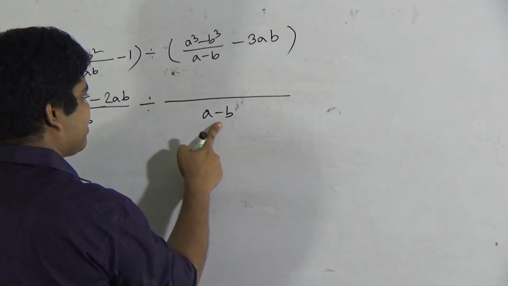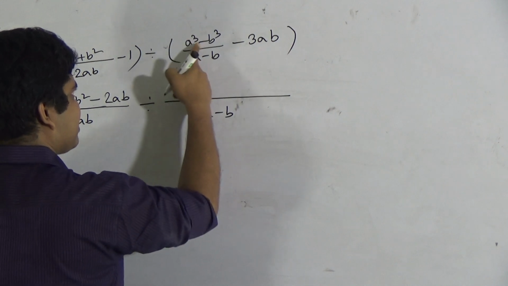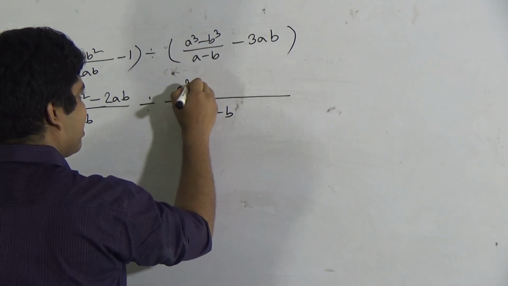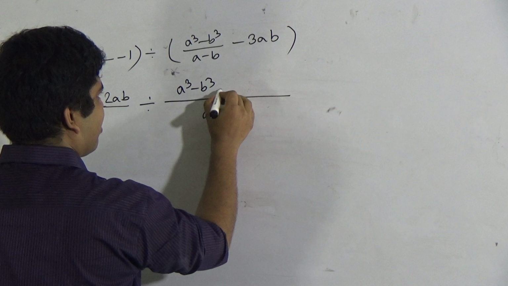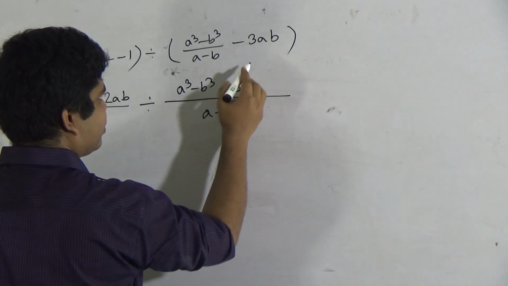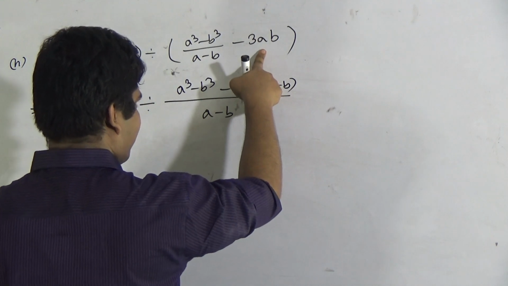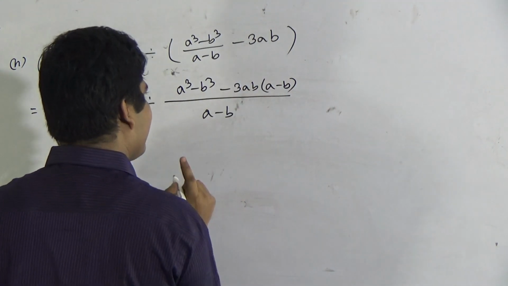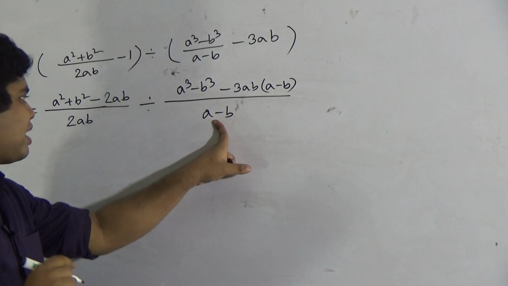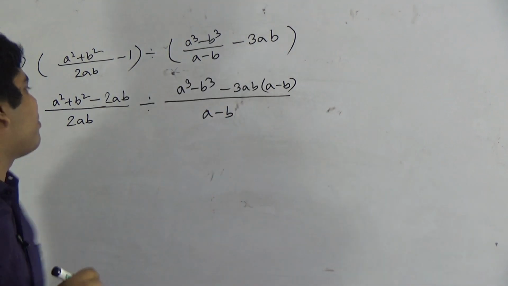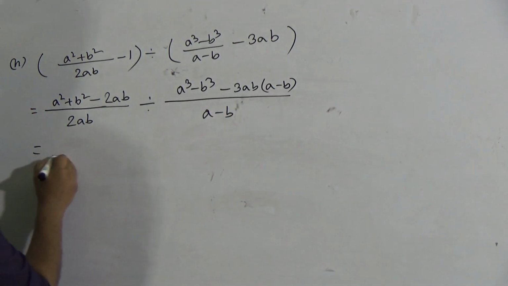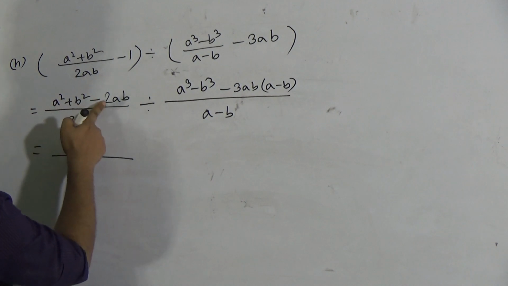We divide a − b by a − b, we get 1. That one is multiplied with this number and it will be a³ − b³ minus 3ab into, we get a − b, because denominator is 1. If we divide a − b by 1, we get a − b. That a − b is multiplied with this number. Okay, and it is the formula a² − 2ab + b².